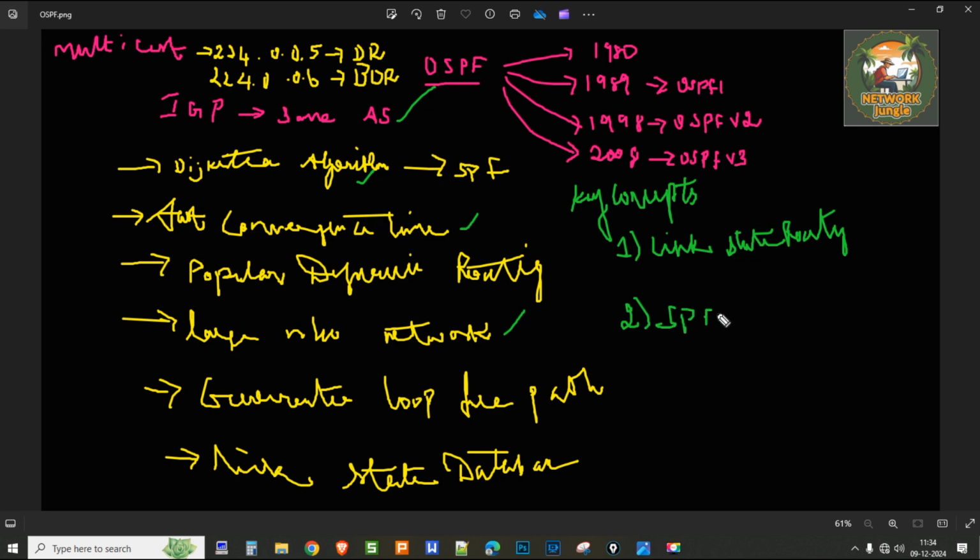You know this algorithm is used for the shortest path. Third one is the LSA. Fourth one is the area. Area plays a major role in the OSPF protocol.